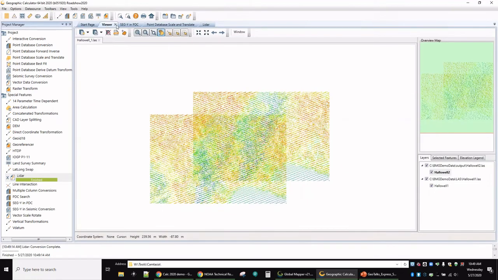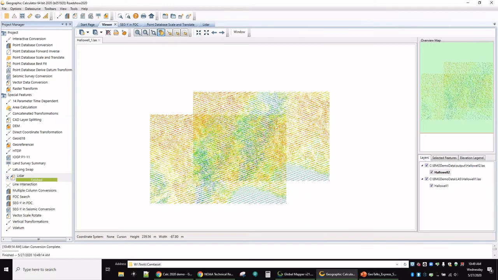And I can then view these two files. And Hollow L1 is the one to the south and west. And that transformation that I just did, conversion, has shifted those data about 60 meters to the east and 35 meters to the north. So it would go from the original survey to the new survey system.